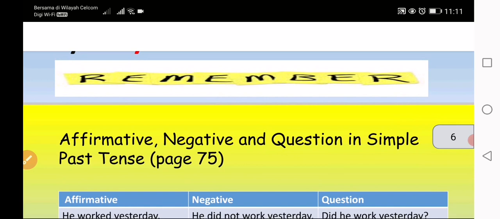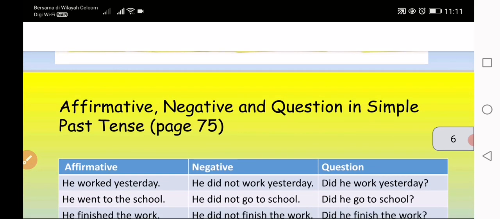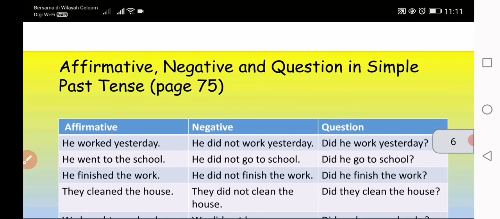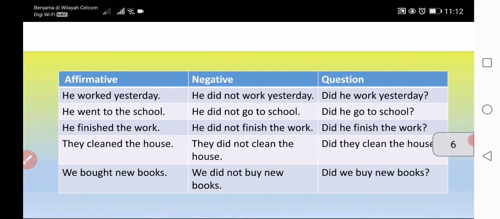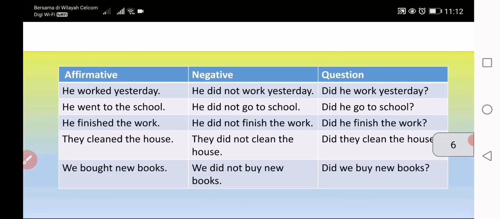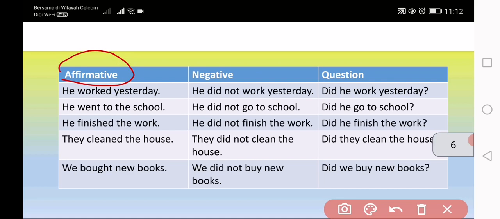And then at the same page, we have affirmative and negative. Okay, this one. I go to affirmative first. Okay, affirmative in a simple word, it is something like you are involved in that action.